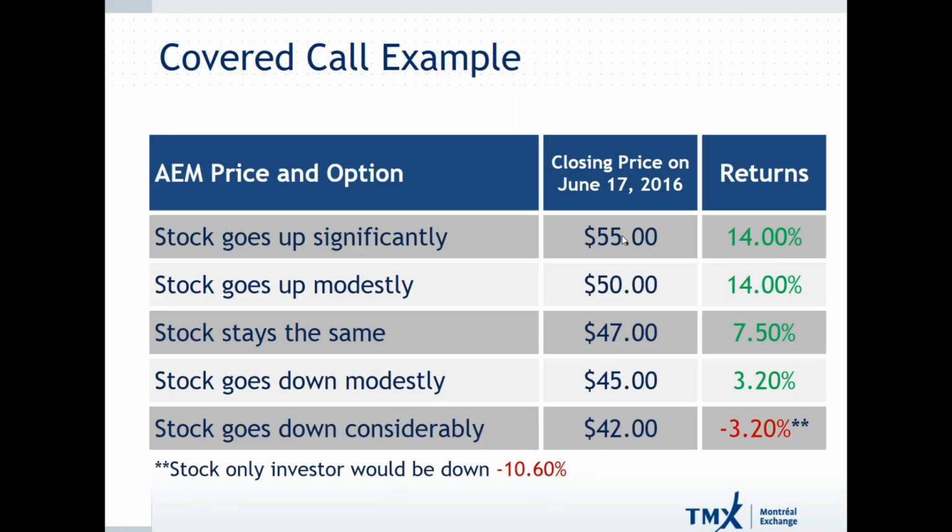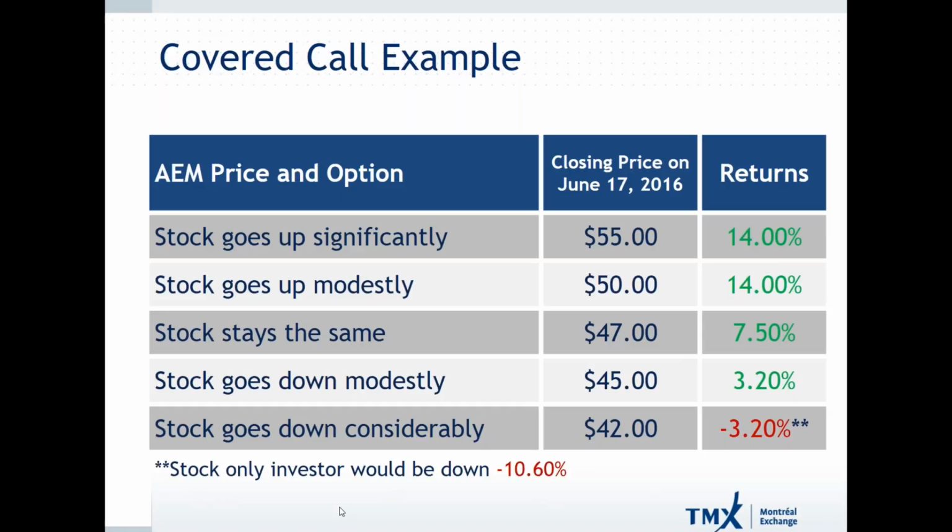The stock-only investor would need a 10.6% recovery, whereas the covered call writer would only need a 3.2% recovery to get back to that level of profitability. So, a very interesting consideration when it comes to mitigating risk.